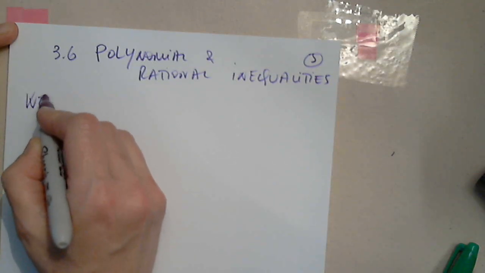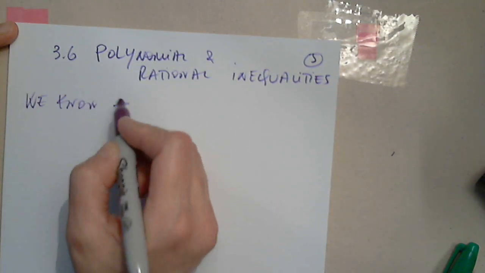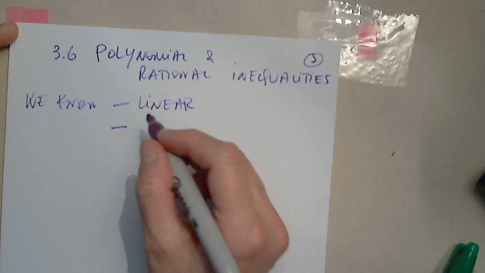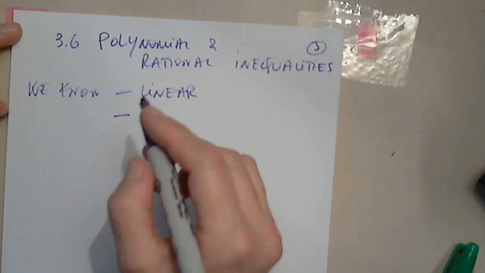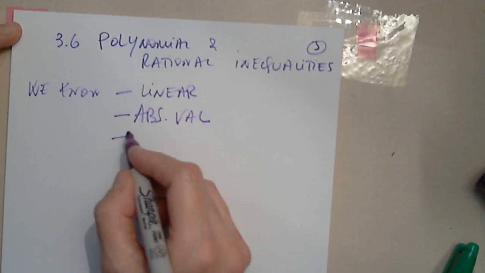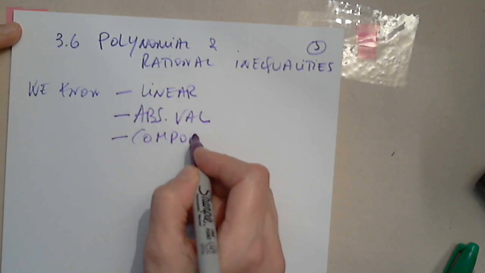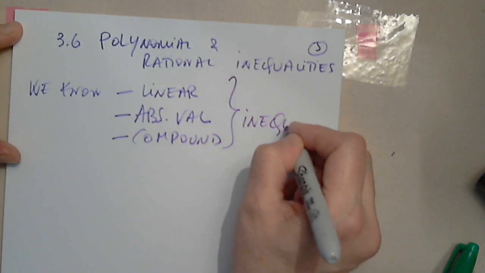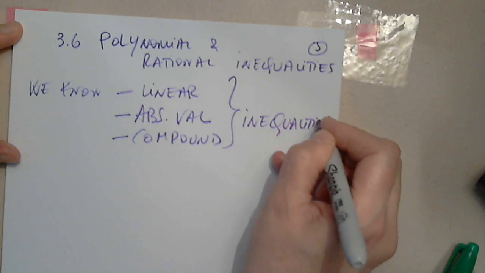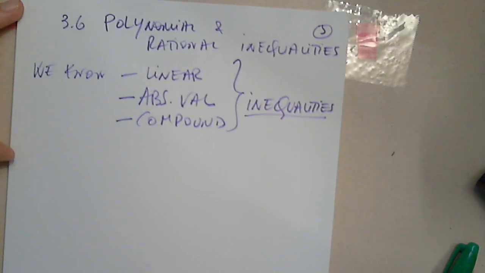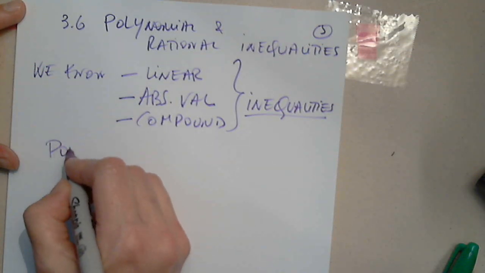We know linear. We know absolute value. And we know compound inequalities. This is what we know. So let's start with polynomial.